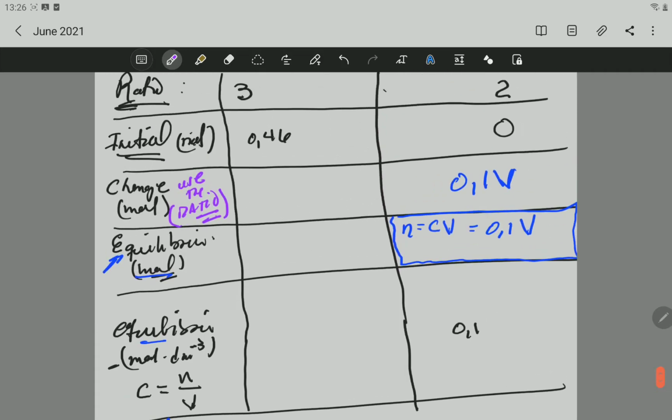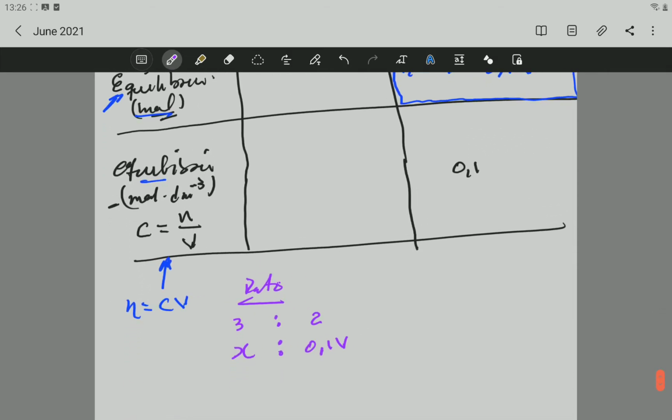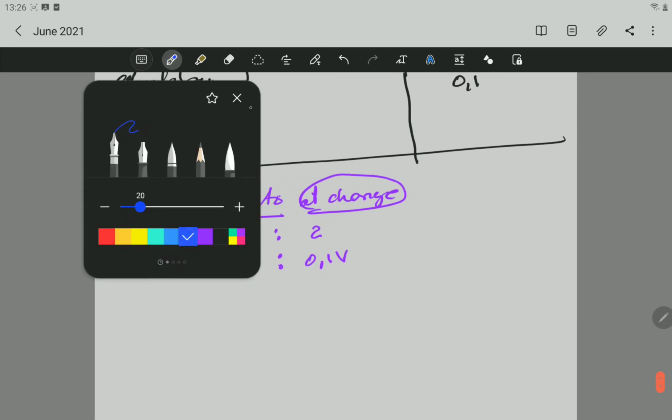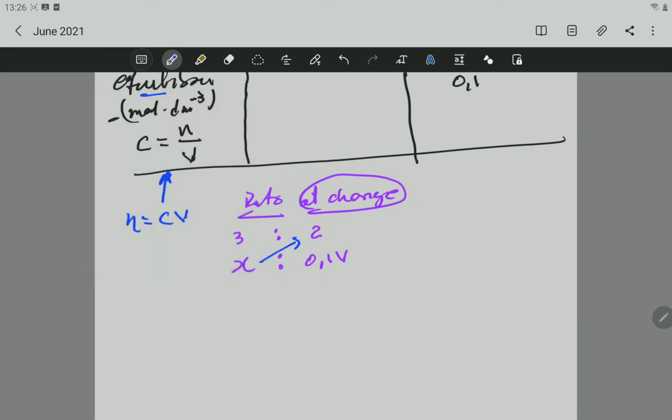This is very, very easy. The ratio is 3:2, and this is only the ratio at the change. If the change is 0,1 V, then how much will we have there? How do you do this one? This one is cross product.